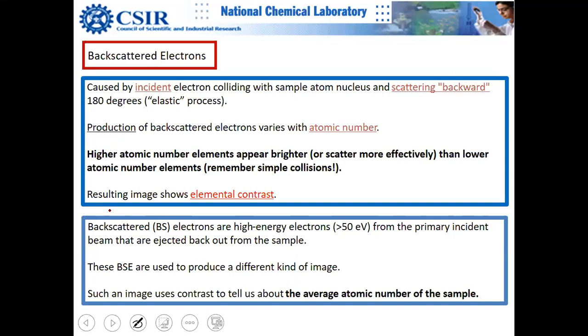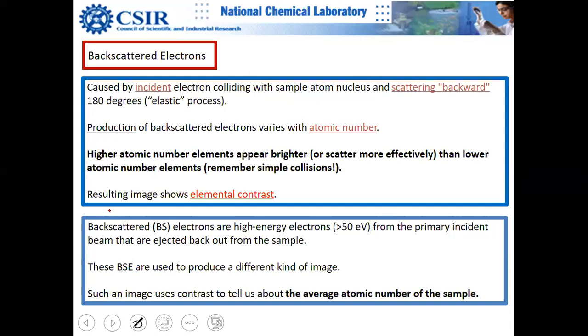Obviously, I'll teach you today how you can get topography information from backscatter electrons as well. That depends upon the detector. You have to set up the detector in such a way that you get information either about composition or about the topography.